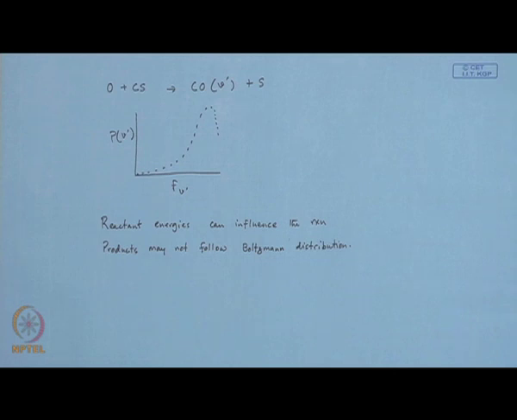Now, one important thing is velocity, its magnitude and direction, and vibrational and rotational energies, which are nothing but the internal degrees of freedom. Orientation factor is another important thing.